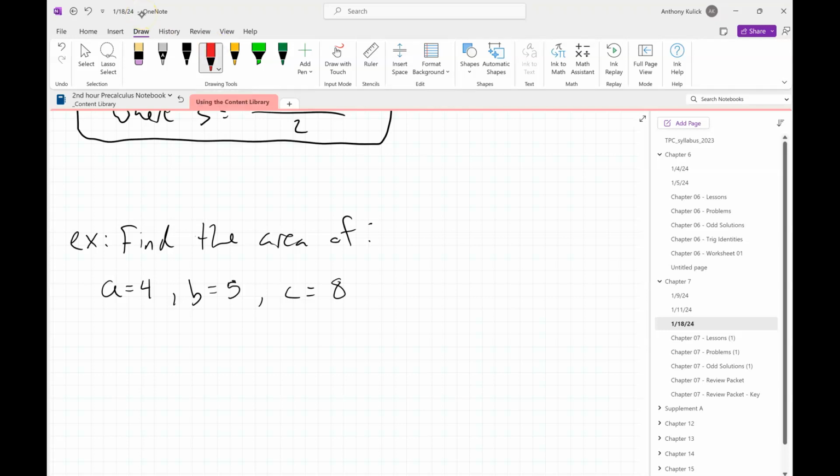What situation are we in? Side. Before I try to calculate the area of this, since it's a side situation, what do I need to do first? I need to check to see if this triangle is even possible. If the triangle is impossible, there's no area to compute. Everybody's good? How do we check if the triangle is possible?